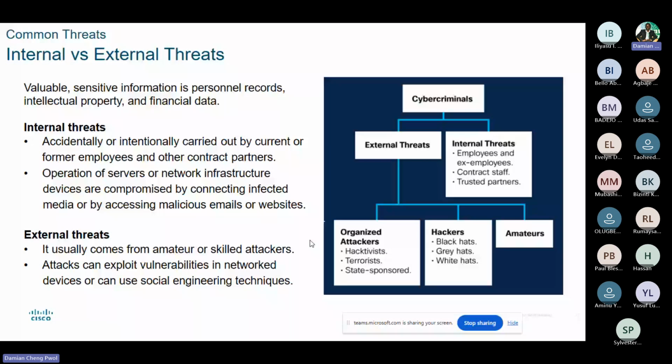An internal threat is accidentally or intentionally carried out by current or former employees and other contract partners. Operation of servers or network infrastructure devices is compromised by connecting infected media or by accessing malicious emails or websites. An external threat usually comes from amateur or skilled attackers. Attacks can exploit vulnerabilities in network devices or can use social engineering techniques.